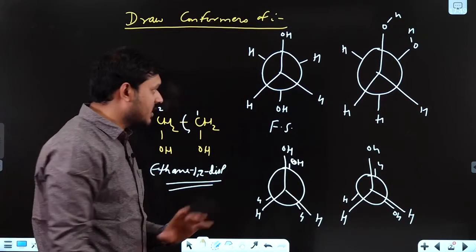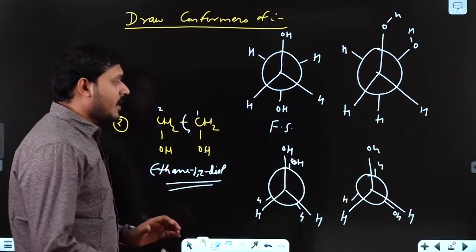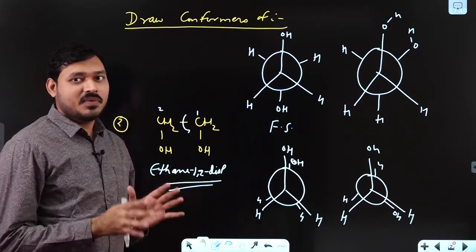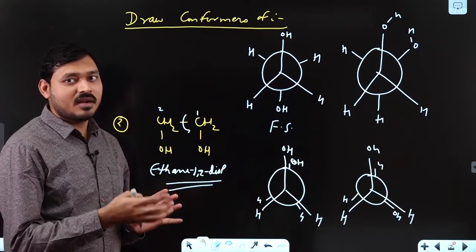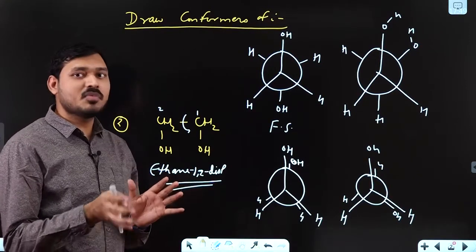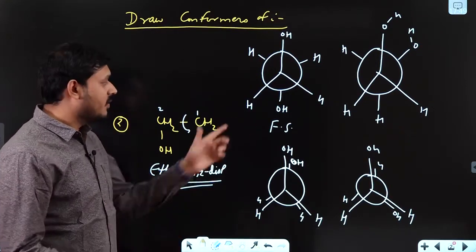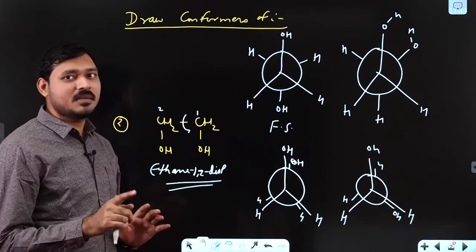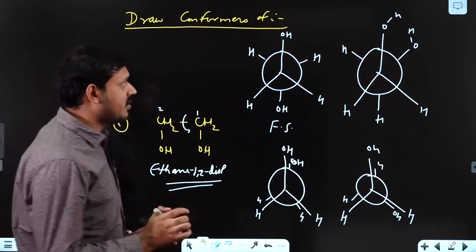Now in these four cases you have to understand there are some special cases where the partially staggered or gauche form becomes more stable relative to the fully staggered form. The main reason behind such cases is hydrogen bonding.